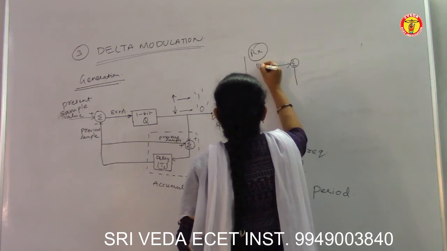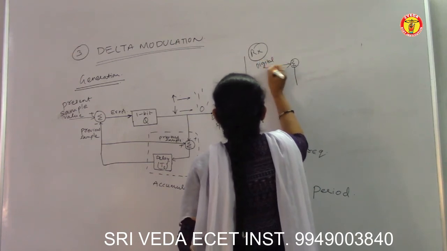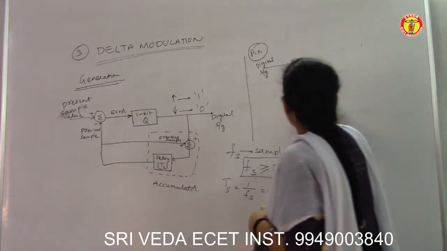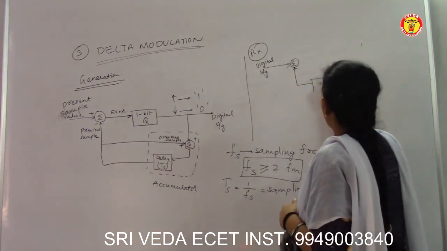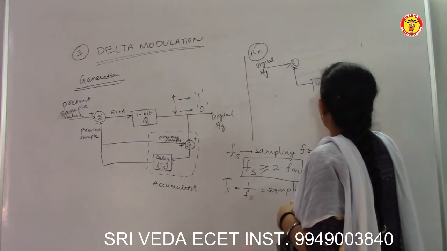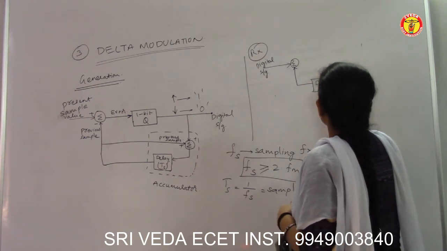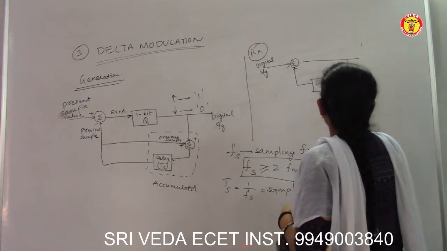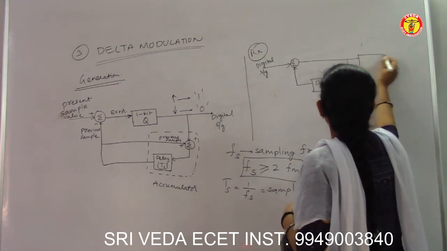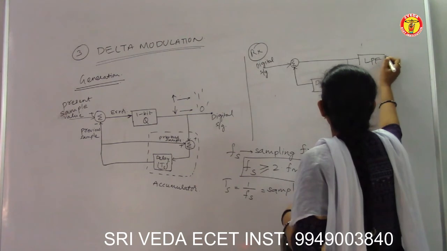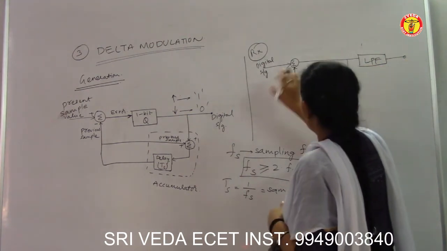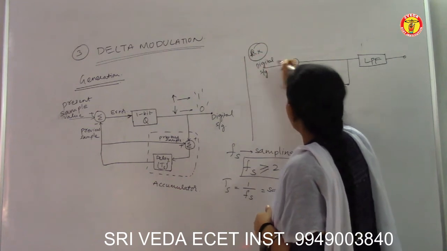Here the digital signal is fed to the summer, and this is my delay circuit Ts. And here a low pass filter is used. This is the process we have been using.